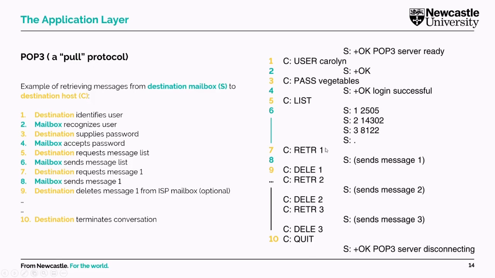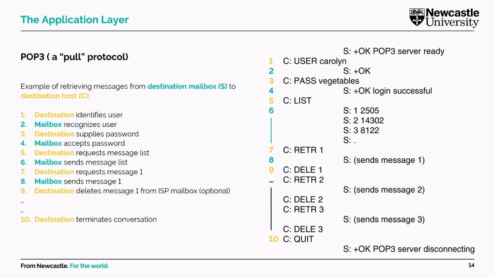So you'll get a message list, and then you can request specific messages, and you can also put in requests to delete messages from the mailbox so that the mailbox doesn't get cluttered over time, and eventually it terminates the conversation.